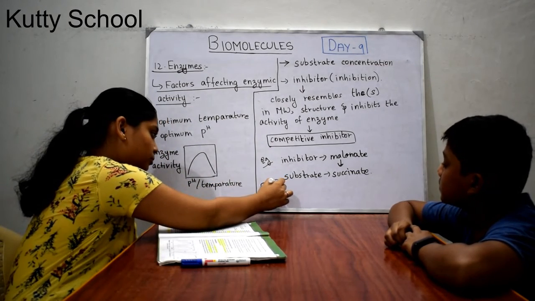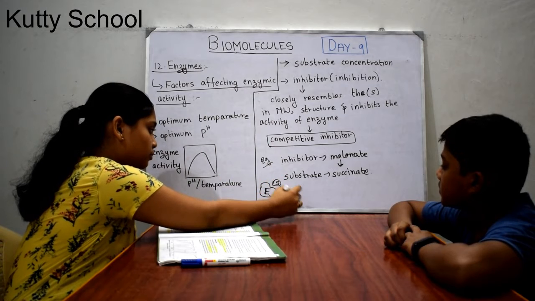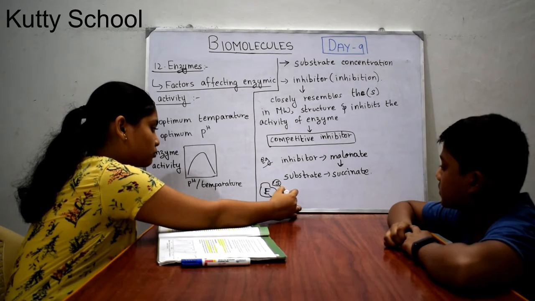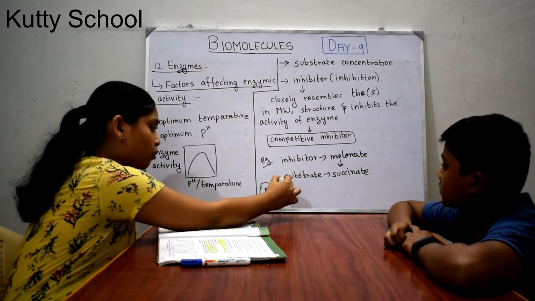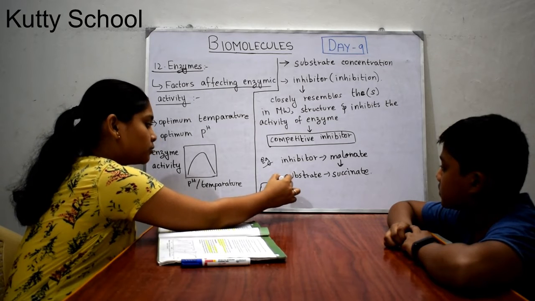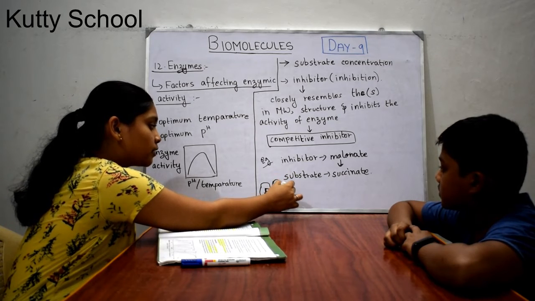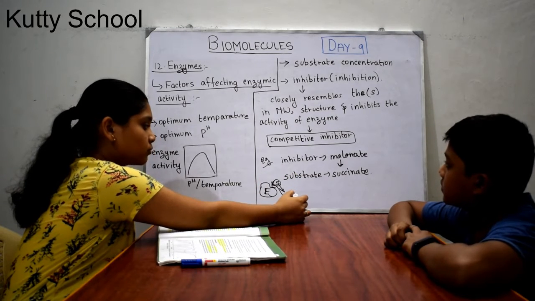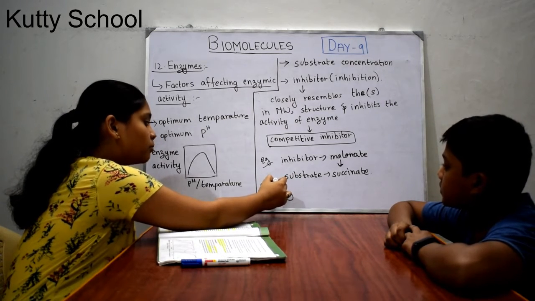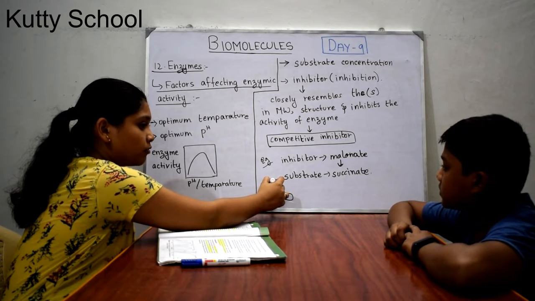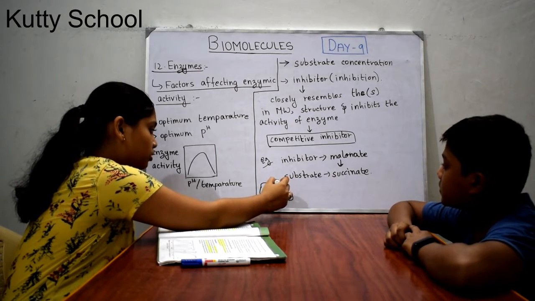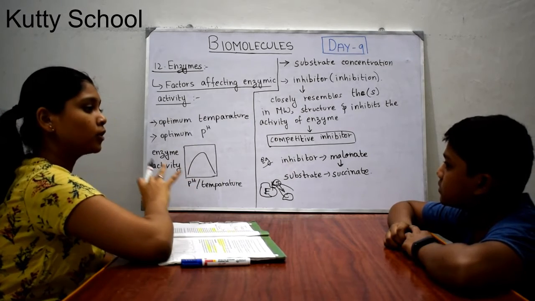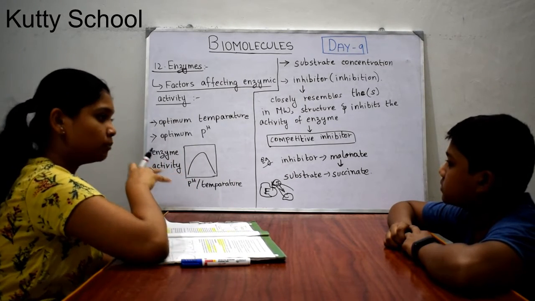Instead of the substrates, other molecules which have the same molecular weight, same structure and all the characteristics of the substrate attach to this active site. Therefore they inhibit the enzyme from working and giving out products. So the substrate will not give products. It is known as an inhibitor and the process is known as inhibition.